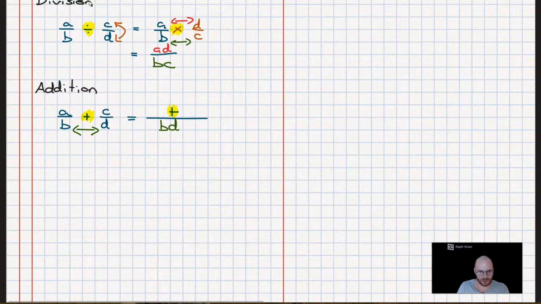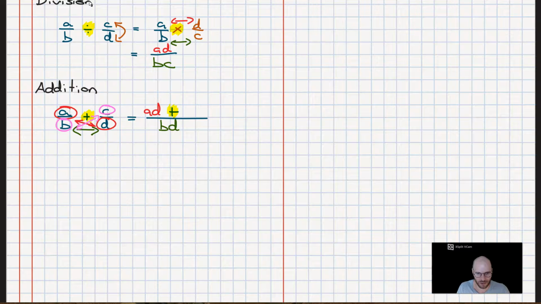And then I'm going to look at the numerator of the first fraction and the denominator of the second fraction, and I'm going to multiply these two together, and that will give me AD, and I'm going to put that on the left hand side of this plus that I've moved. Now next one is I'm going to look at my denominator of my first fraction and my numerator of my second fraction, and I'm going to do the same.